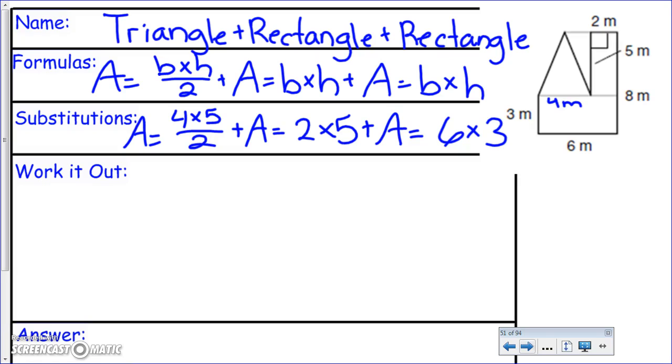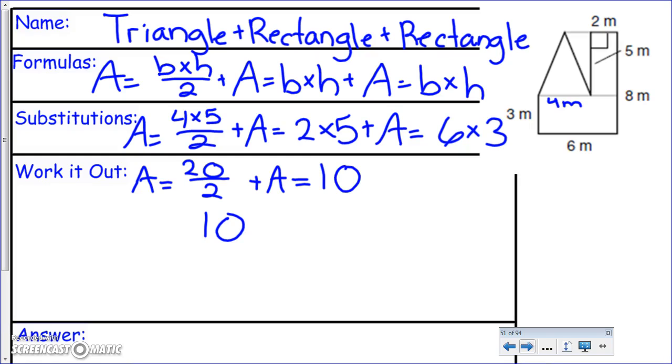We know that for the triangle, 4 times 5 is 20. And we know that 20 divided by 2 is 10. Then we do the area for the first rectangle, and that is 2 times 5, so we get 10.